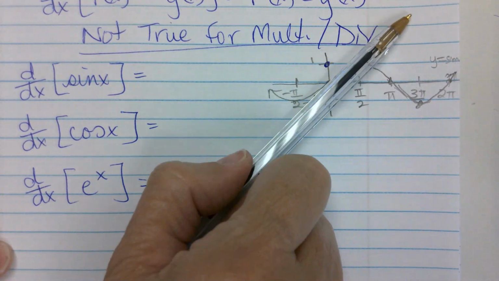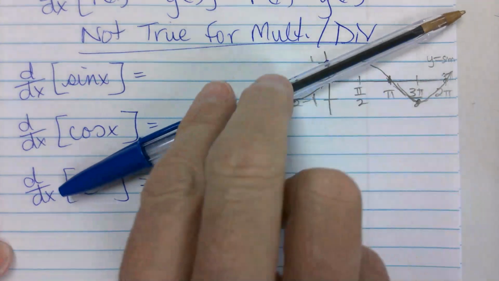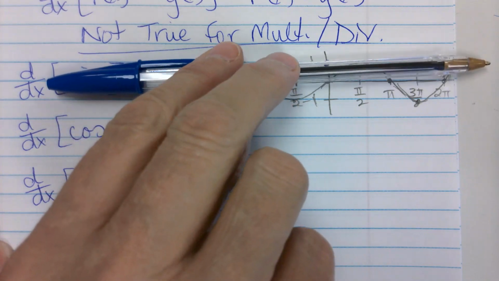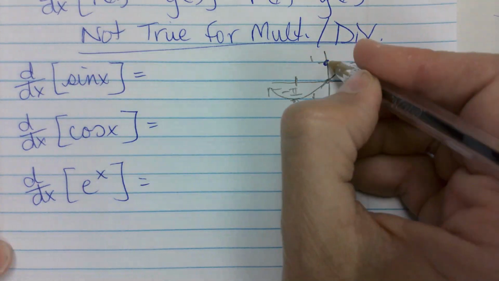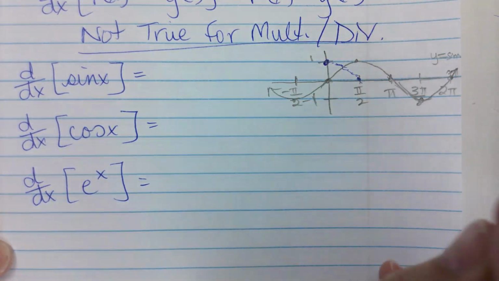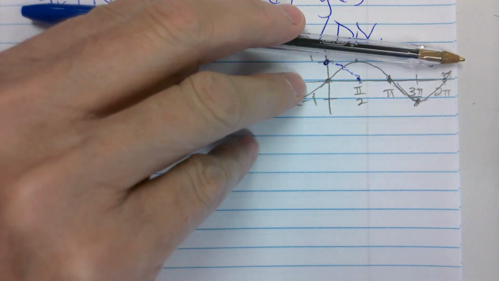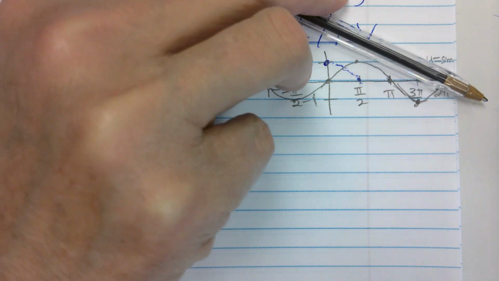It's still positive, but a little less than 1, maybe 1/2, until we get to pi over 2, where it is 0. So we hit 0 at pi over 2. What are all the slopes over on the left side? Negative 1/2 maybe.